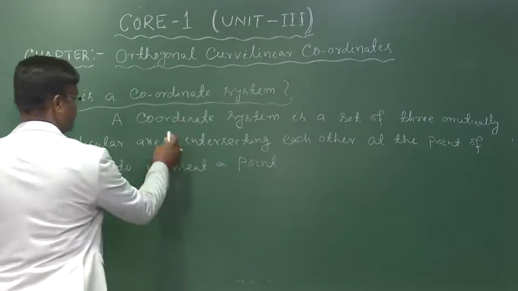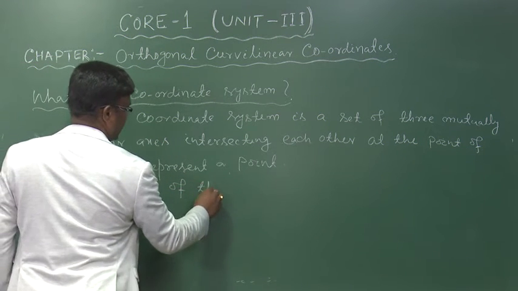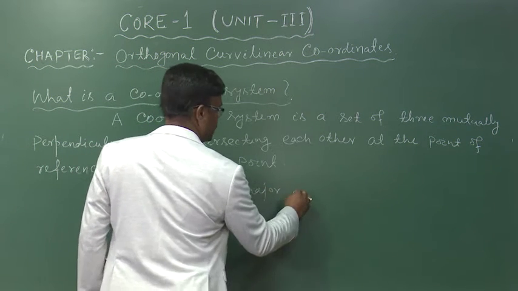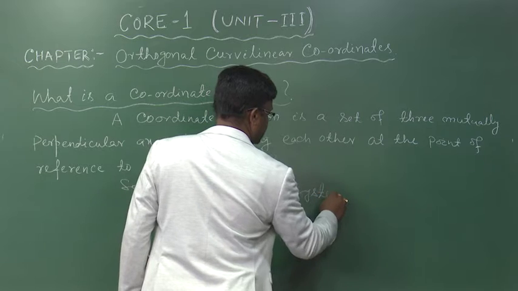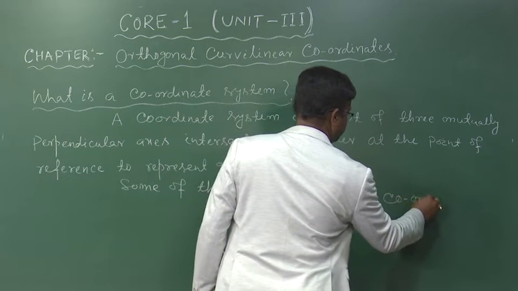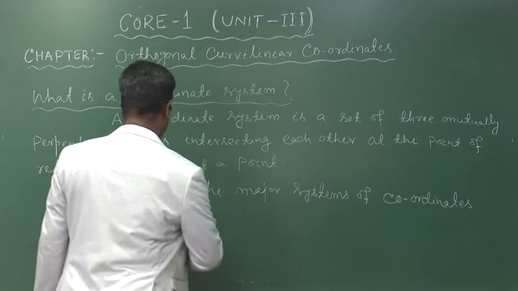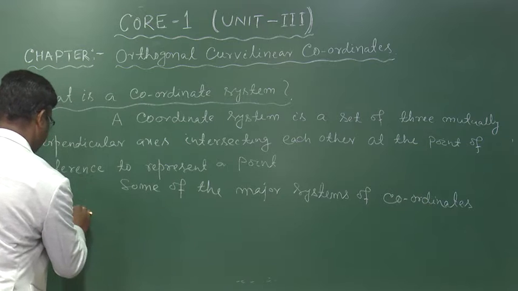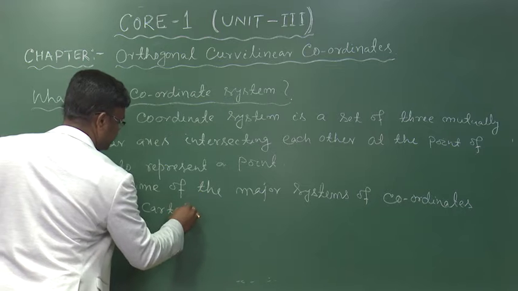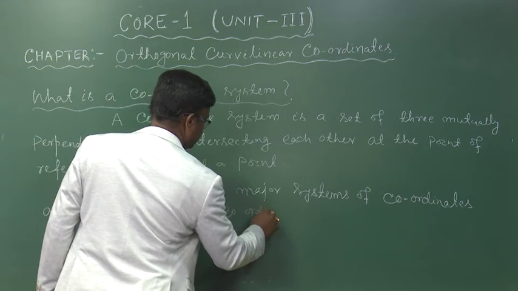Some of the major systems of coordinates are, number one, the Cartesian coordinate system.